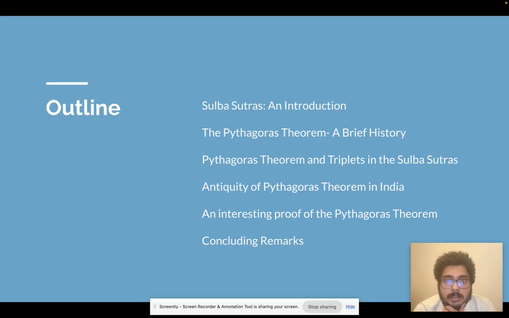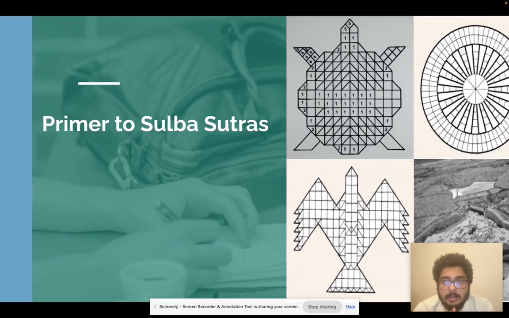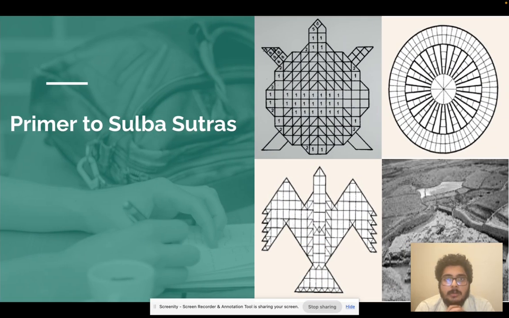So, without wasting any further time, let's get to the topic at hand. Basically, the Sulba Sutra are a class of texts that are embedded in the Vedic literature. They are a part of the Kalpa Sutra. They deal with how to build Yagna Vedis. As you can see, these are the fire altars inside which Yagya or Havan is conducted.